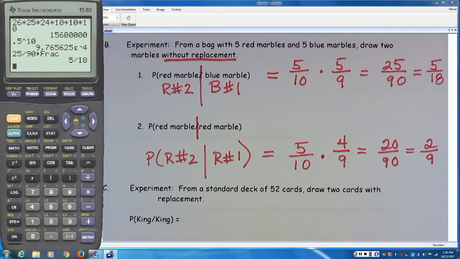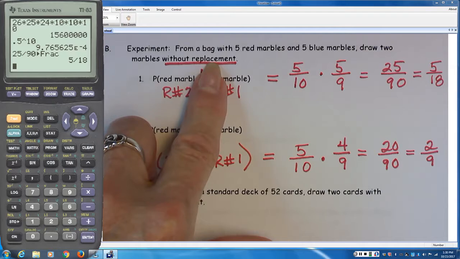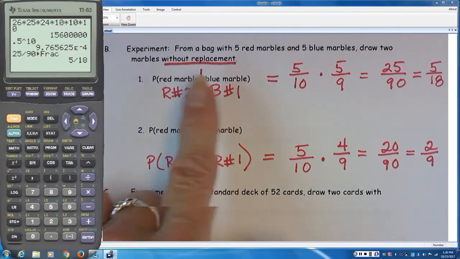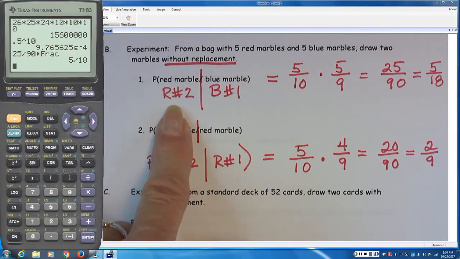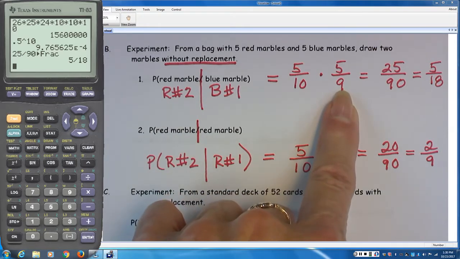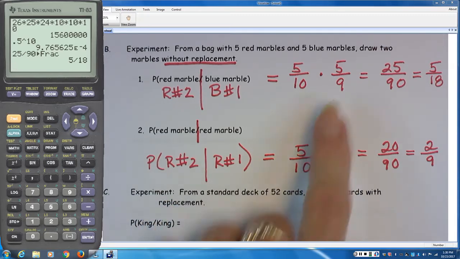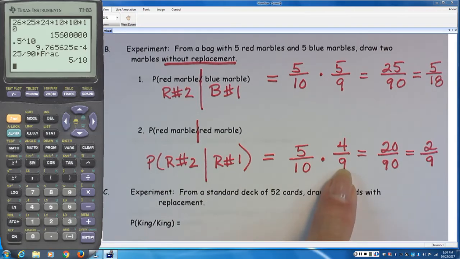Okay? Are these independent events? No, they're dependent. Why? Because it's without replacement. And when you don't replace it, does this influence the likelihood of what happens next if you don't put the first one back in? Yes, it changed the probability on the second one. In the case of the blue one, it actually made it a little higher, but if it was the red one, it actually made it a little lower.